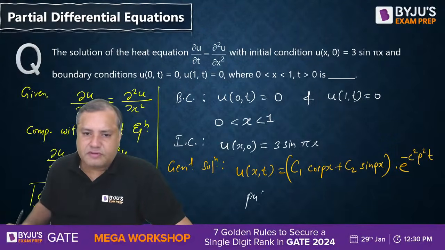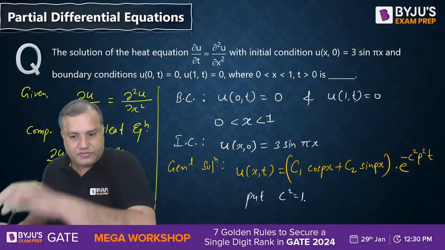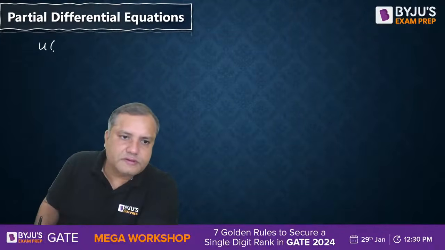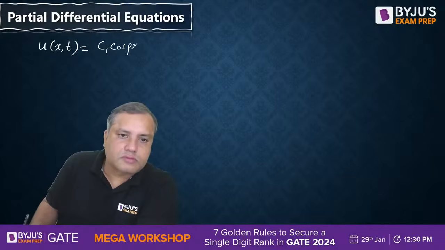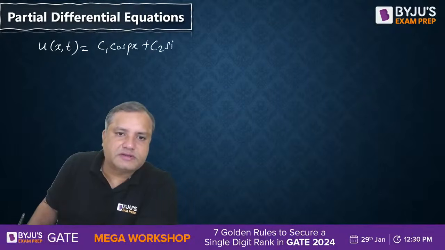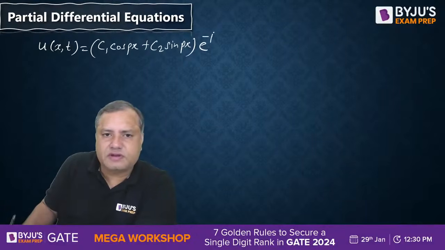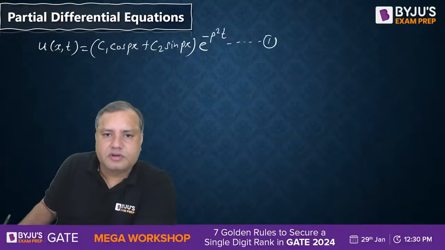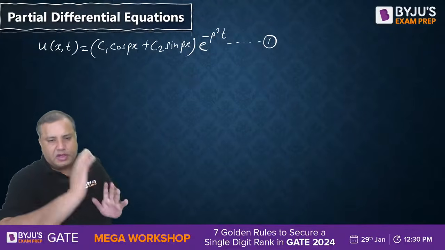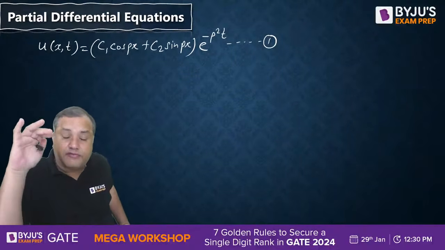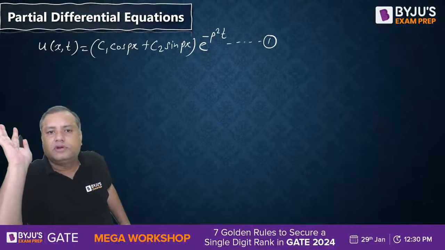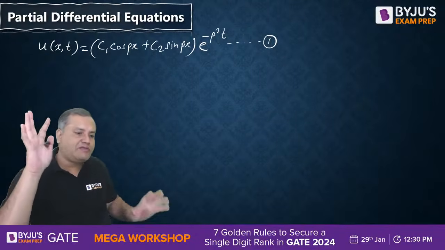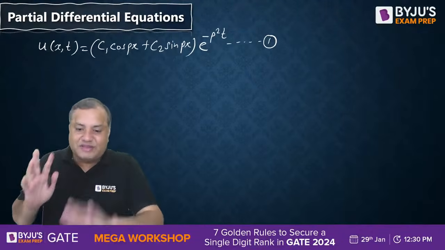So you will get u of x comma t equal to C1 cos px plus C2 sin px times e to the power minus p square t. Equation number 1. This is our general solution. We will apply the boundary conditions and further the initial condition to find the values of C2 and p. That will be your final answer. And these are GATE questions, students, don't worry.